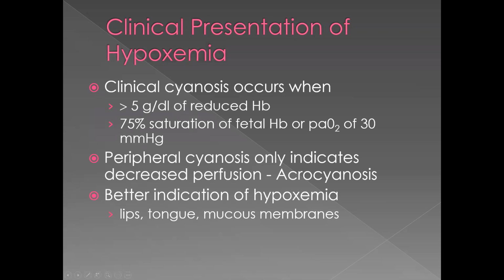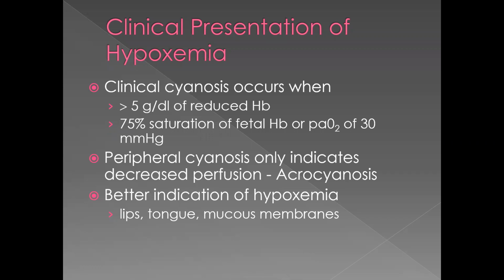As far as hypoxemia, how do we know when a patient has hypoxemia? Well, looking at their O2 sats, of course, but then clinically, if we see cyanosis, the patient looks blue. That will occur when 5 grams of hemoglobin are not carrying oxygen. When hemoglobin is not carrying oxygen, that's called reduced hemoglobin, versus oxidized when the oxygen is on the hemoglobin.